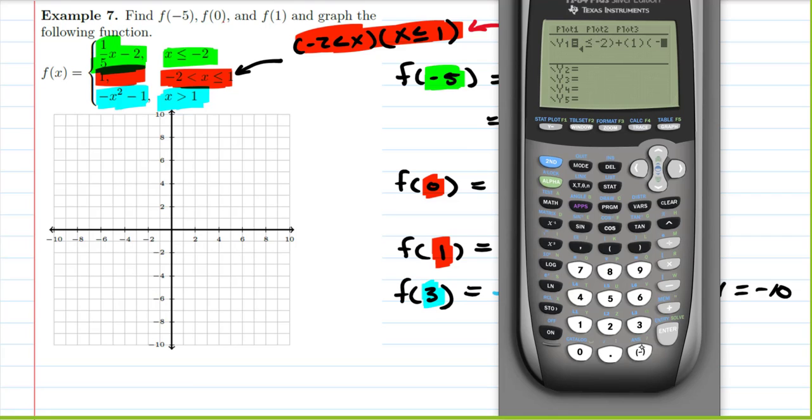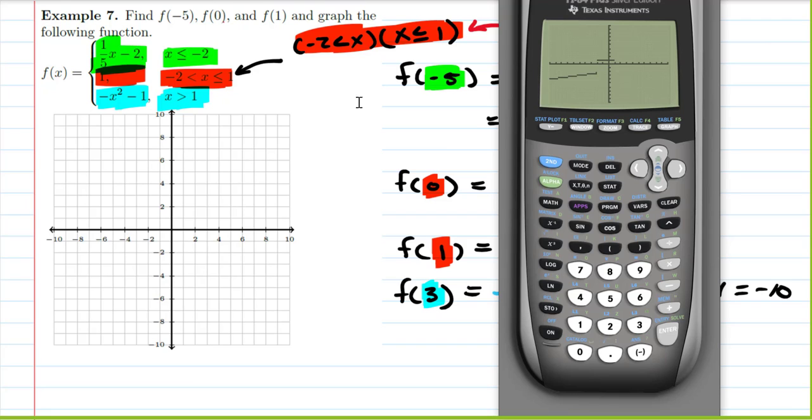So I go -2 is, and then second test, less than is choice number 5, x, and I close those parentheses, open another set, and I go x into my test menu again, is less than or equal to 1, and I'm going to close my parenthesis once again, and now I'm going to press graph.